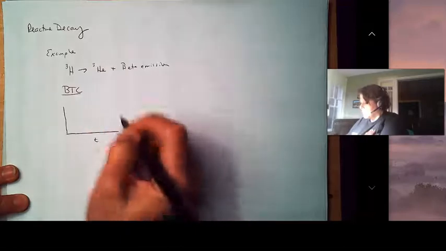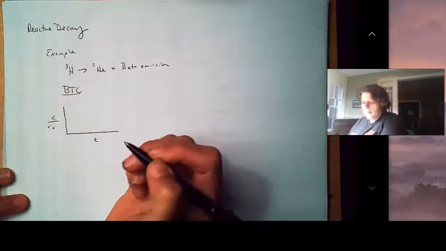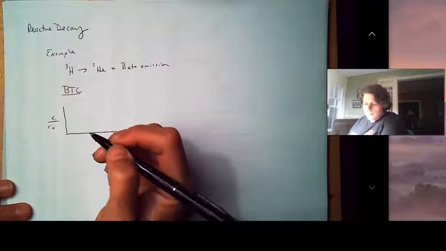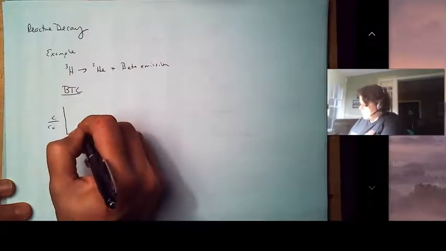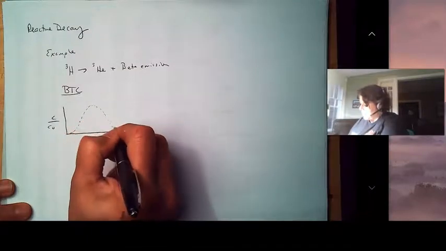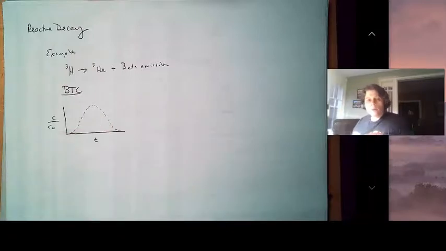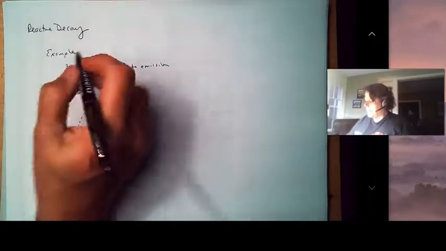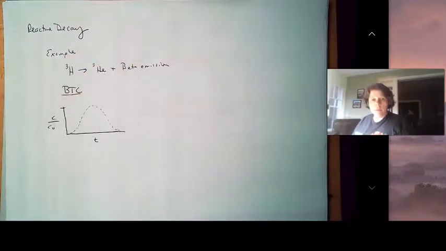This is our time, this is our C over C naught. Our normal breakthrough curve goes up and comes back down. Now, what would the breakthrough curve look like if we have something that is decaying relatively quickly, and it transports the same?